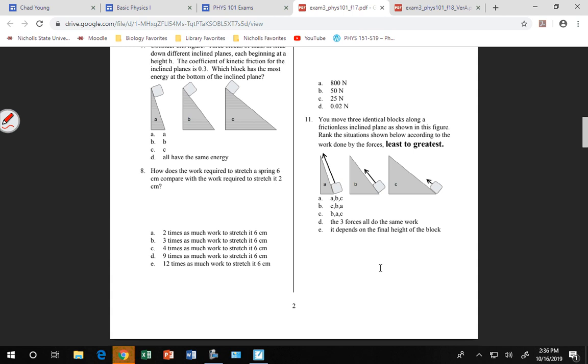These blocks are all changing their energy to the same value because they're all going to the same height. Therefore, the forces are all doing the same work. Even though I have a really big force here, it's going over a shorter distance. And even though I have a little bitty force here, it's going over a longer distance. So they all do the same work. D.